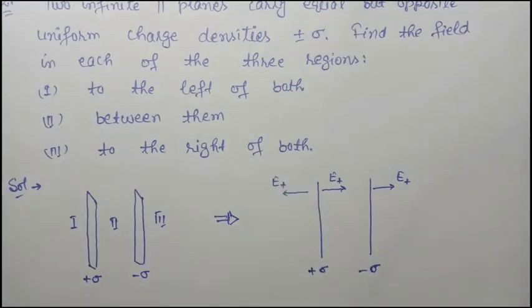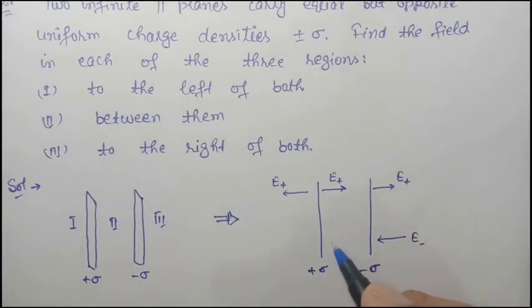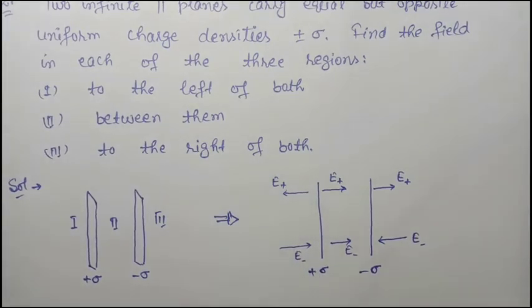This is the case when we have positive charges. Now for negative charge, the electric field is towards the charge, that is this is E negative, here we have E negative, and also this is E negative. So these are the directions of the electric field.